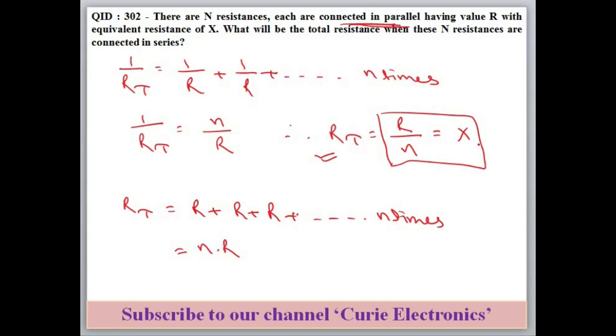Earlier value is x, R by n is equal to x. From here you calculate R. R is equal to nx. The same thing you can put here: n into R, R is equal to nx. What will be your answer? n square x. This will be the answer that you can take.